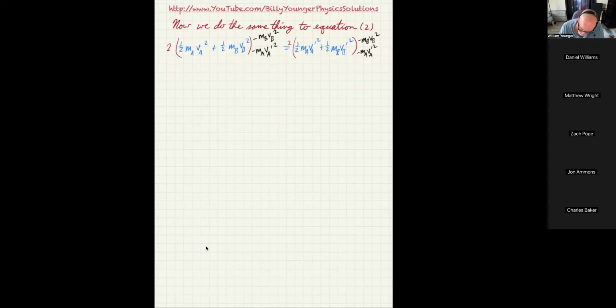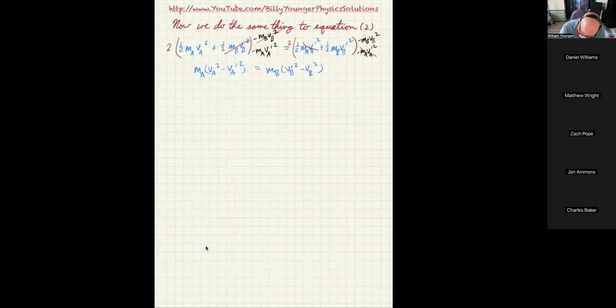Now that I've done that, you can see that the MB VB squared cancels out with the MB VB squared, and the MA VA prime squared cancels out with the MA VA prime squared there, and I am left with MA times VA squared minus VA prime squared is equal to MB times VB prime squared minus VB squared, like that.